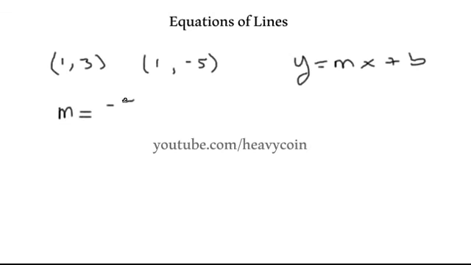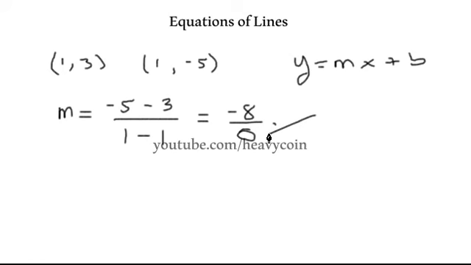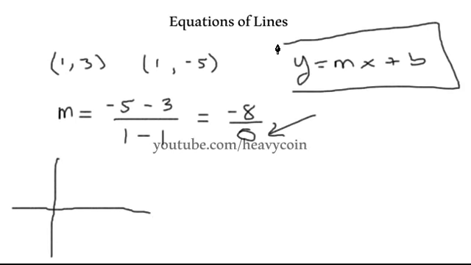So we have negative 5 minus 3 over 1 minus 1, and we end up with negative 8 over 0. That's undefined. Our slope is undefined. What this tells us is that something's fishy going on here. In other words, we're not going to be able to use this up here.